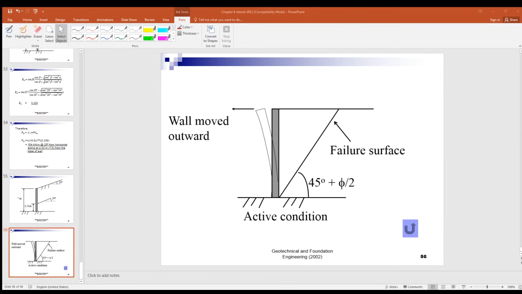Imagine a retaining wall toppling over, tilting over because of horizontal force.